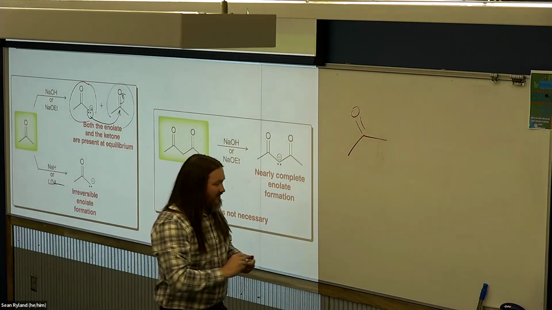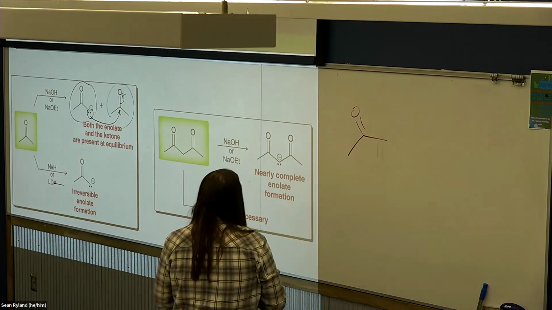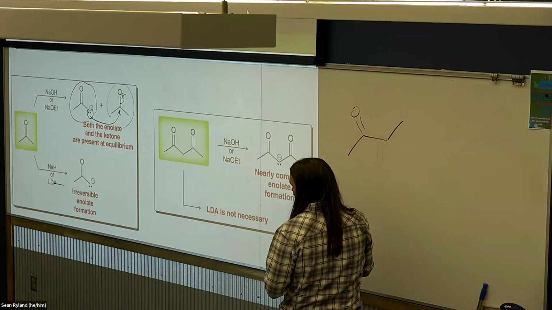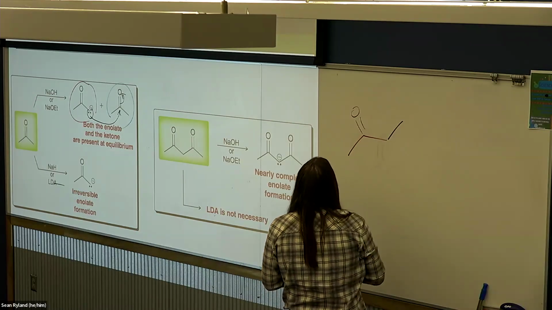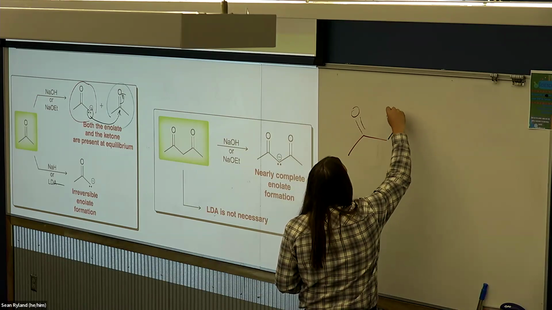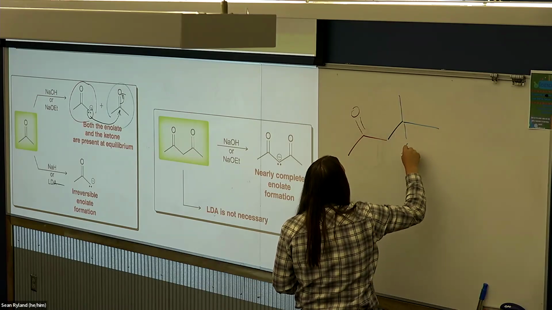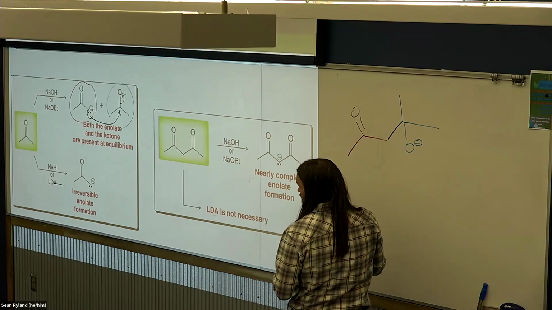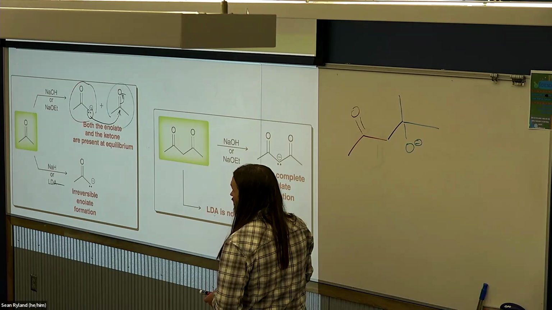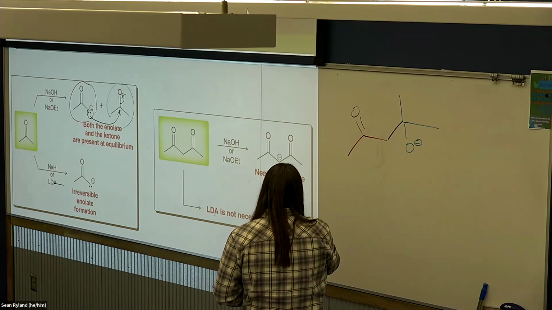Our product of two acetones reacting together looks like the alpha carbon from one acetone, from our enolate, adds to the carbonyl carbon from our ketone or aldehyde.